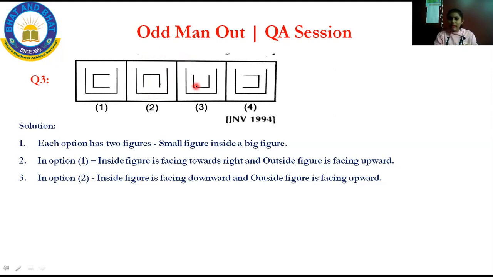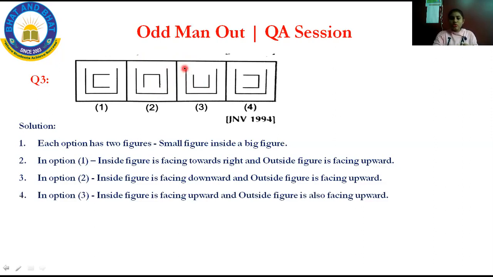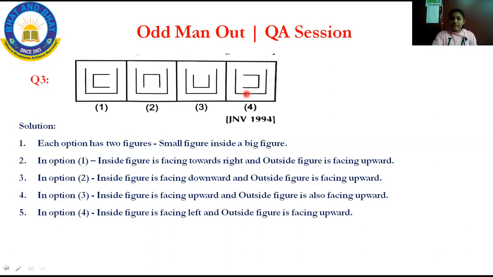The inner design is facing upwards and the outer design is also facing upwards. Both designs are facing the upside itself. Now come to option 4. The outer design is facing upwards and the inner design is facing which side? That is the left side. Now the analysis.